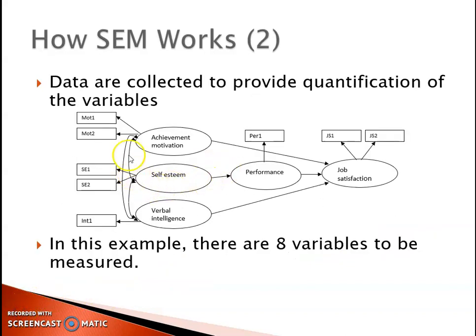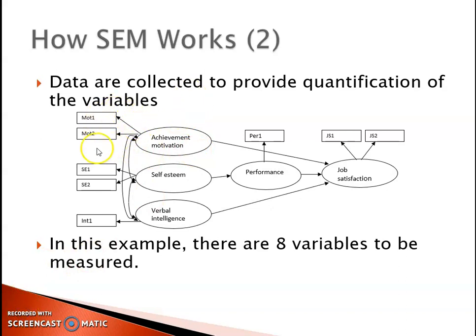Keep in mind that in SEM, the oval shape is used to represent latent factors that cannot be observed or measured directly. So for the five latent factors, we need to identify their measurable indicators to quantify those factors.